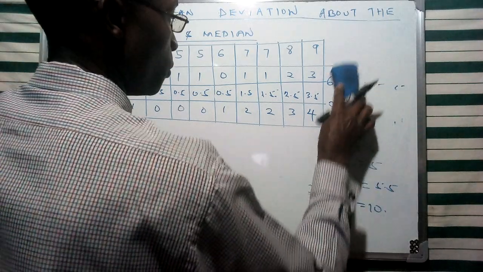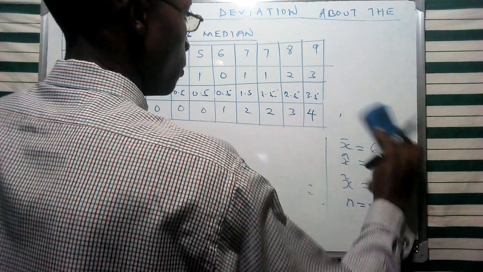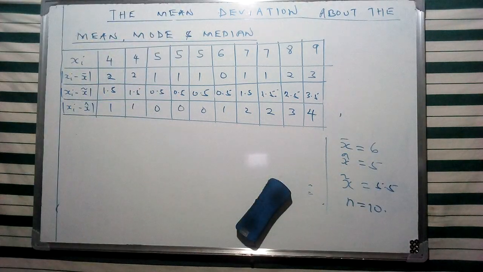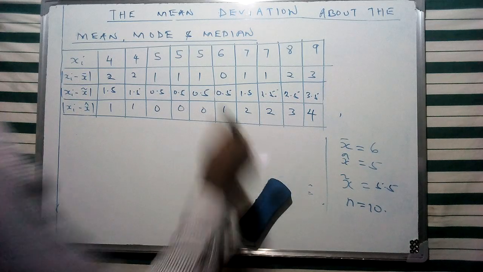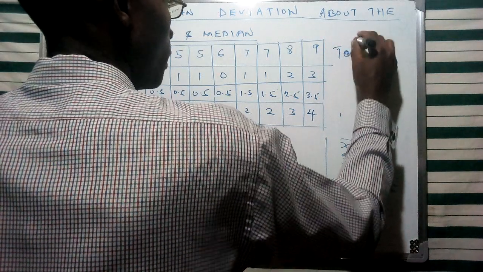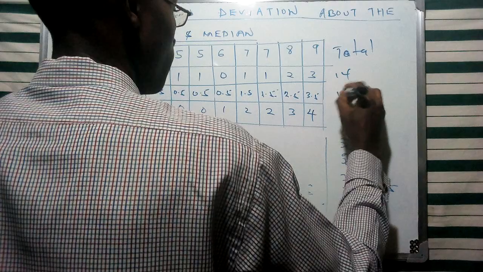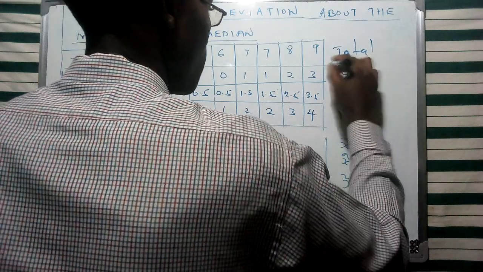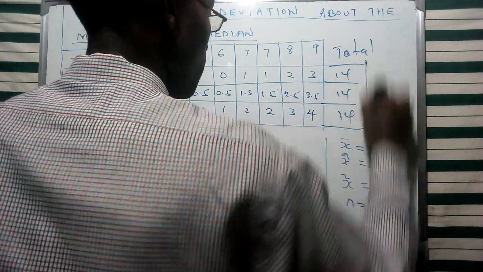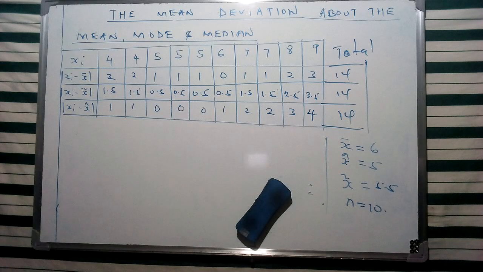And of course, they are going to give us this specific characteristic. Perhaps I'm going to do away with this. For us to evaluate this, we're going to find the sum of these specific values.